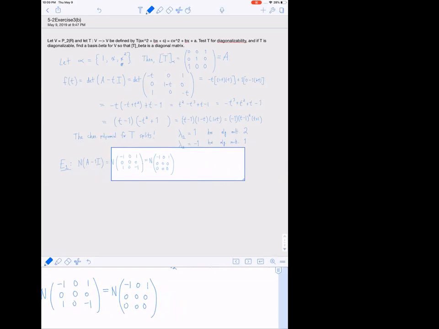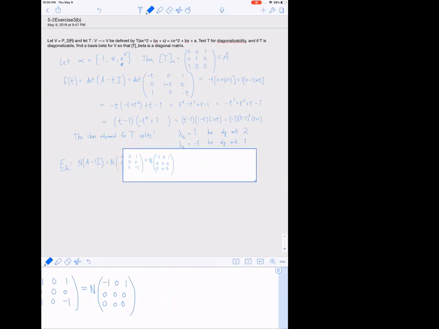In fact, if we call our variables x, y, and z, our solutions would have to satisfy minus x plus z equals 0. So z could be whatever it wanted to be, y could be whatever it wanted to be, and x would only be constrained in terms of z.